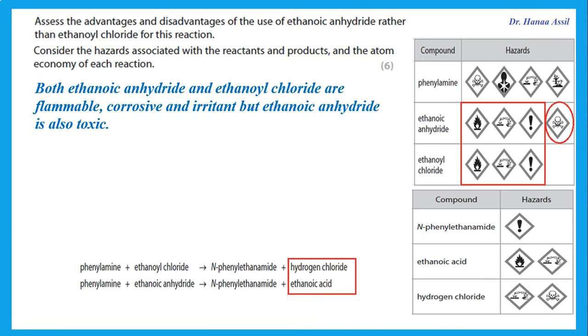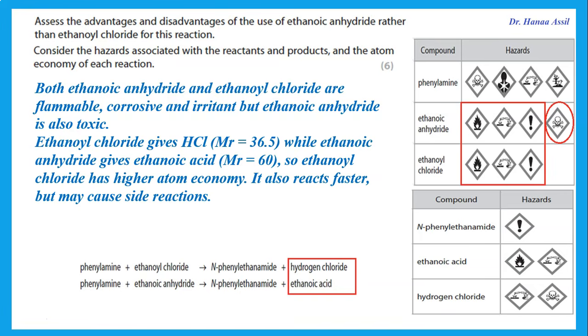Now, when we look at the products, what is happening? Ethanoyl chloride gives HCl, the molecular mass is 36.5, while ethanoic anhydride gives the ethanoic acid with a much larger MR, so the ethanoyl chloride would give a higher atom economy.